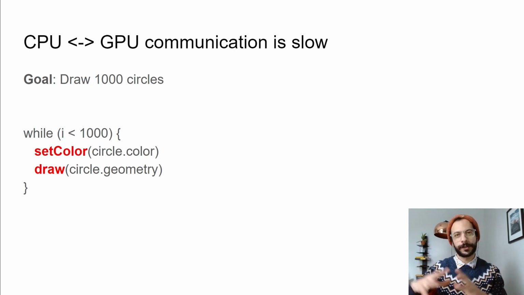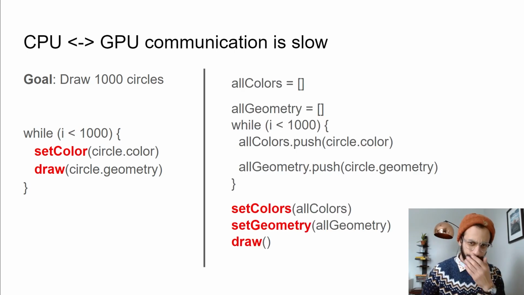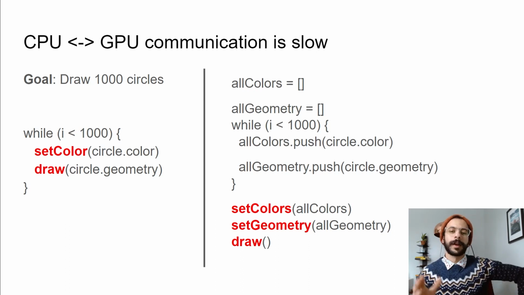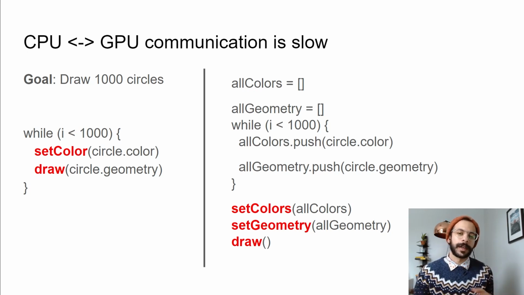Ideally what we want is to figure out a way to fire the cannon once and it colors the whole thing, draws all of our circles. So here's another way you could rewrite this to make it maybe 1,000 times faster. Here, I'm doing a bit more work on the CPU to gather all of the data I need ahead of time.